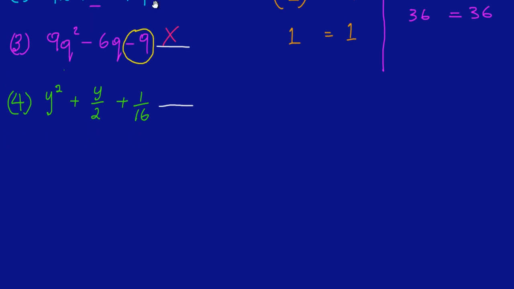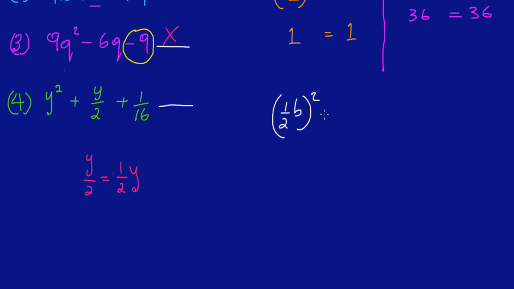All right guys, now again let's look at this. We're going to take half the coefficient of y here. So I have y over 2, and we know that y over 2 is the same as dividing by 2. Remember, it's the same as multiplying by a half. So the coefficient of y is really a half. Okay, so again I'm going to take half of b, and I'm going to square it.